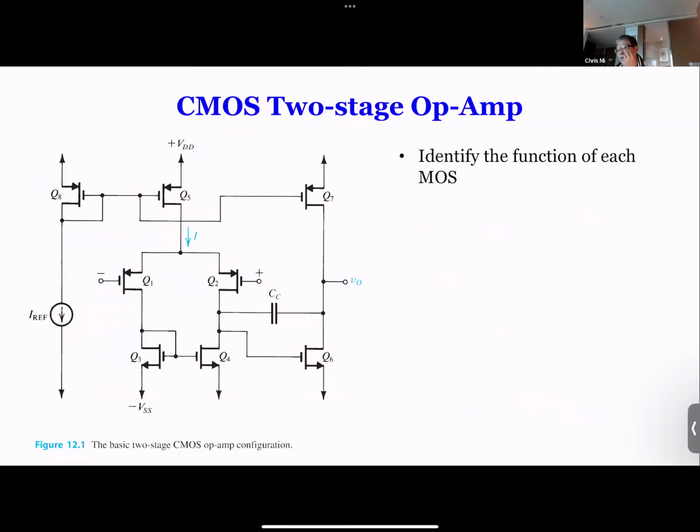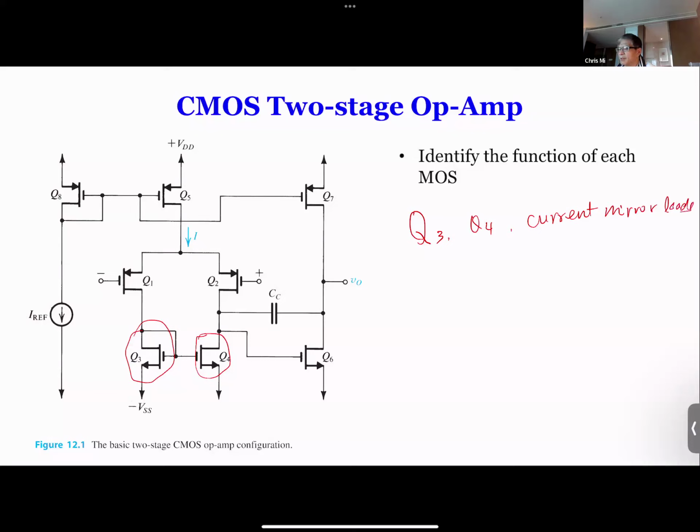And beyond that, we also have Q3 and Q4. If you look at the way that Q3 and Q4 are connected, they look like current mirrors, but they don't have a steering circuit, which means they look kind of like a current mirror, but they don't have the reference current. So what do we call this? Remember from chapter 8, we call this current mirror loads. So Q3 and Q4 are current mirror loads.